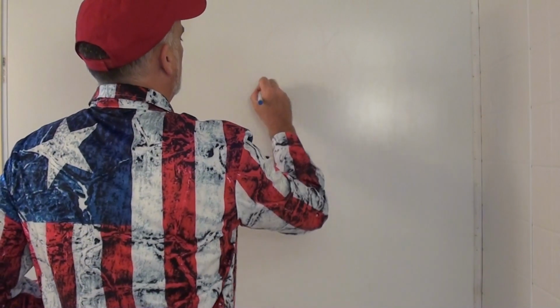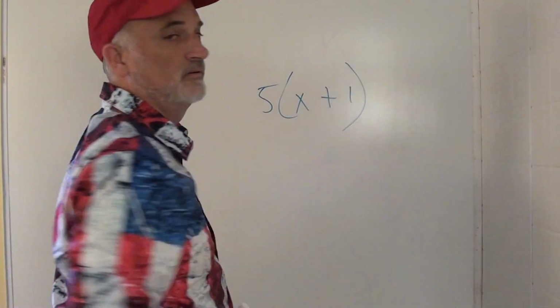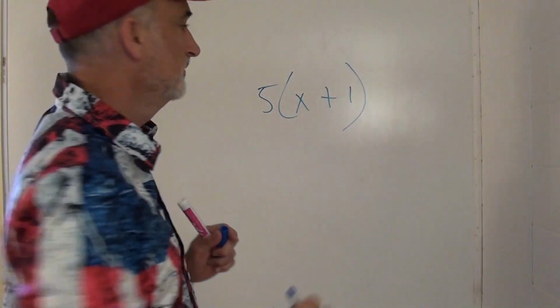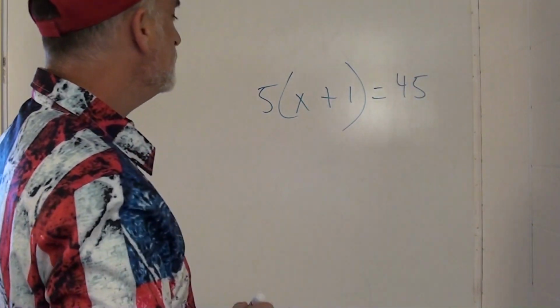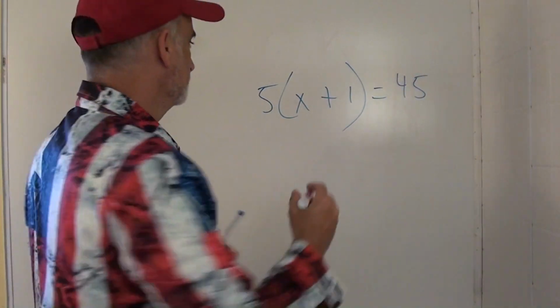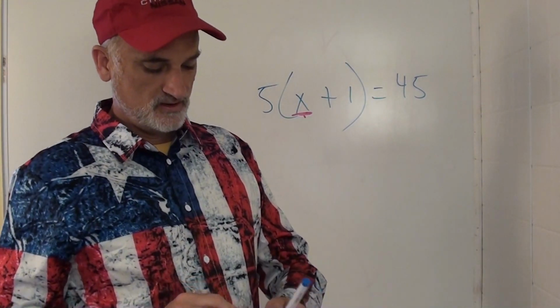Okay? Now, alright, let's do one more. So what do we do when we have a variable trapped in a bracket and we can't do anything else? Okay? So let's look at this one. Remember, that's an expression. We're going to make it an equation. So we can't do anything else because this variable's stuck in the parentheses.